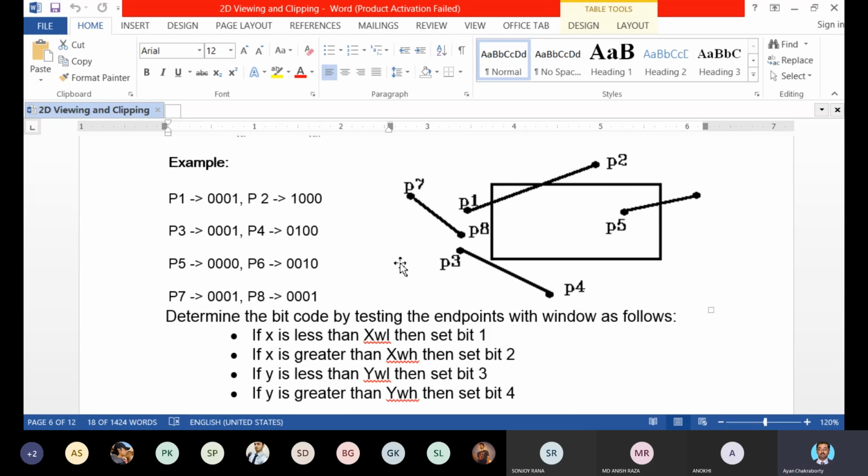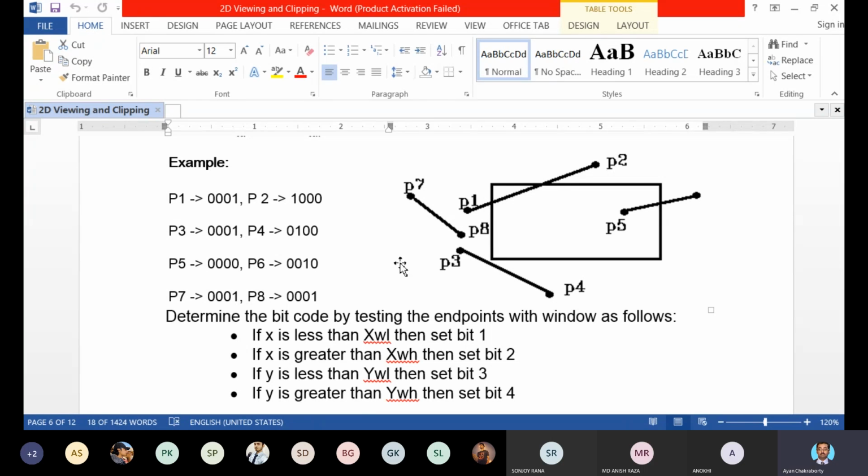Okay. Now, according to the logic of region codes and regions, this rectangular area, the viewing area, is our central region, that is 0000.